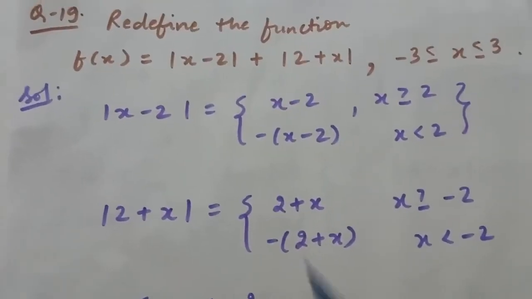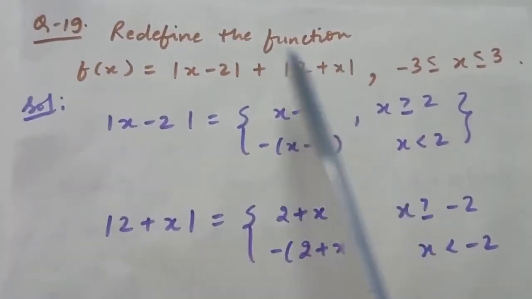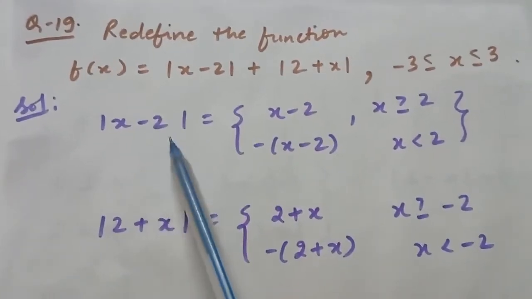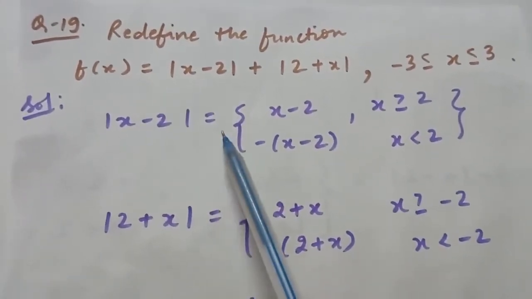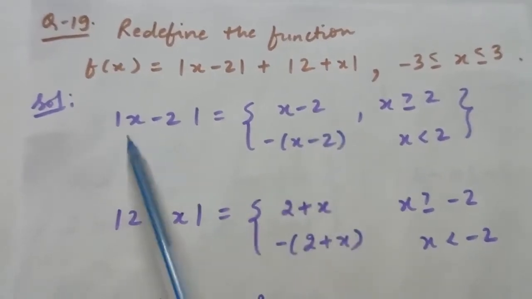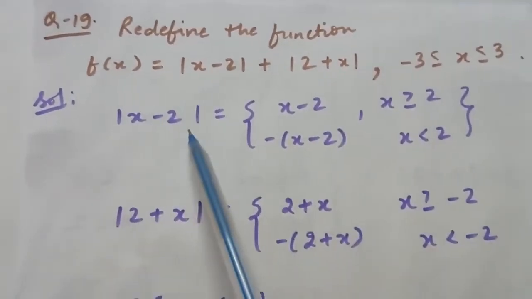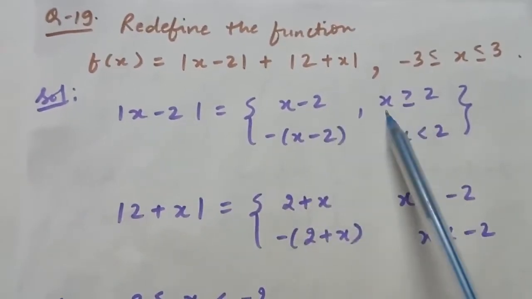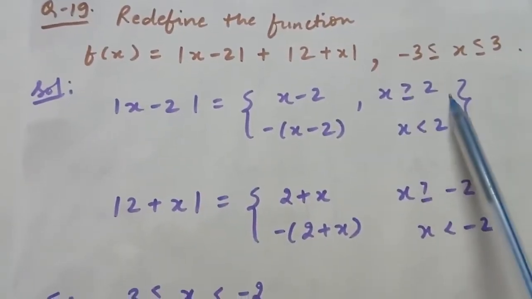So the solution is, first of all we will define these two modulus functions. So |x - 2| is equal to x - 2 when x - 2 is greater than or equal to 0, which means x is greater than or equal to 2.